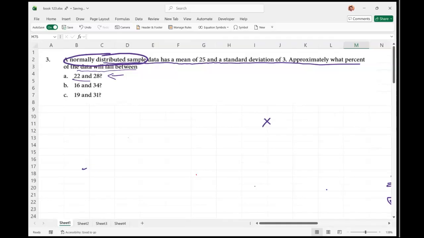So let's look into this question. Between 22 and 28. So the x lower limit value is 22, and the x upper limit is equal to 28. I'm doing it with a pen, but you try and do it on Excel by writing the same thing. First of all, it is normally distributed and the mean value is 25.